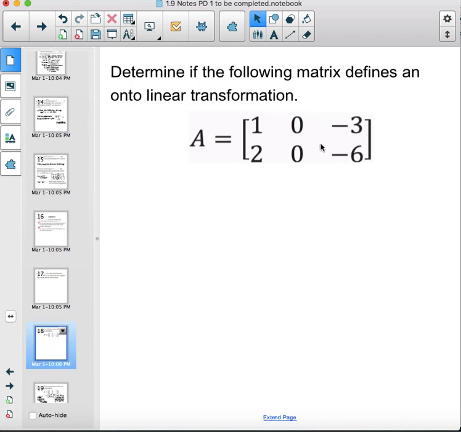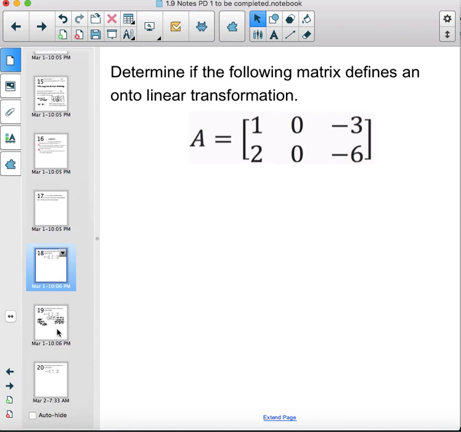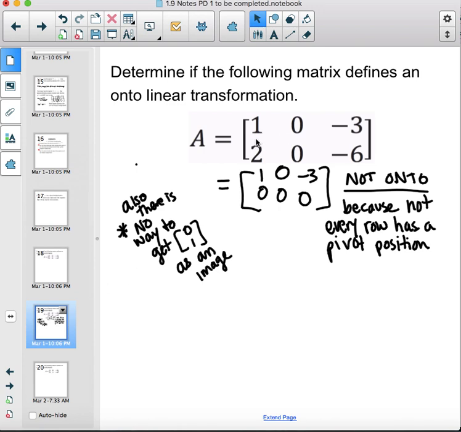Determine if this matrix defines an onto linear transformation. If you want to see if it is an onto linear transformation, what you can do is see if each row has a pivot. This row does not have a pivot, so it's not onto. Another way you can think of it is, here's your row reduced A. If you multiply that by X, is there any way to get an X such that 0, 1 is your image?